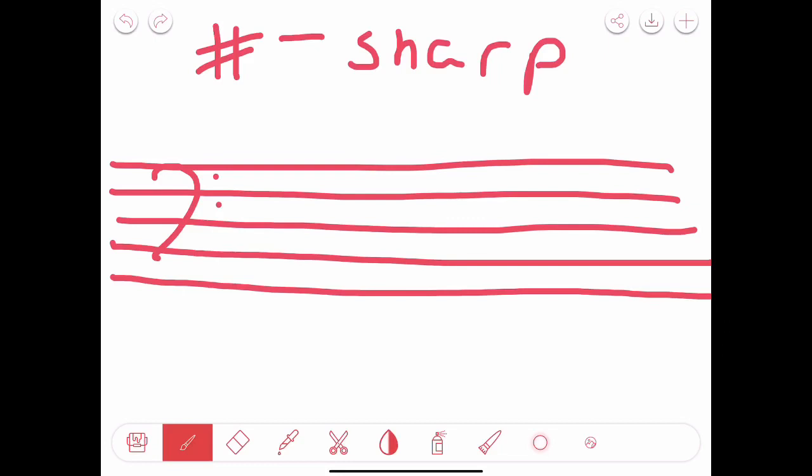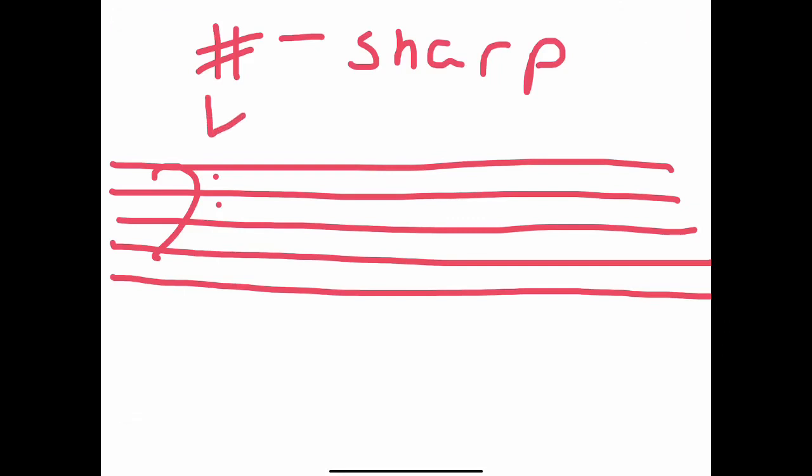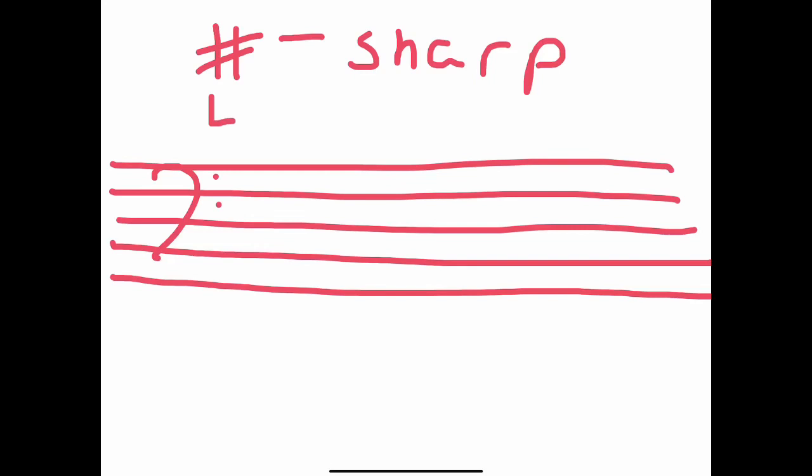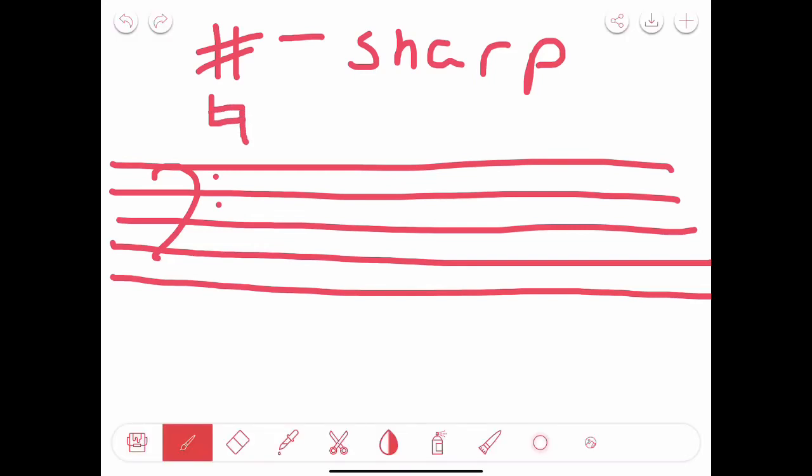Not to be confused with the natural. Do you see how they look different? The sharp looks like tic-tac-toe. Now my natural is sort of ugly, and I'm going to do it again. It needs to be more squarish, okay? This is a natural.